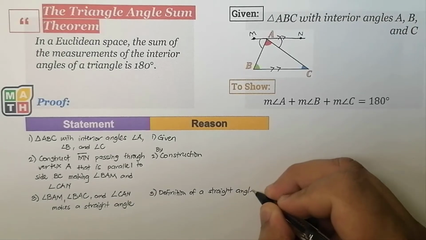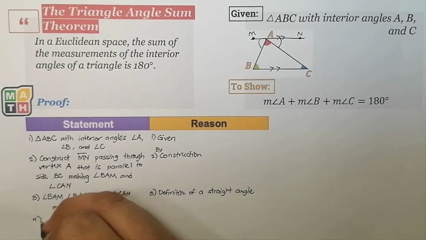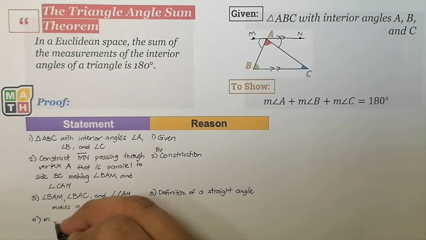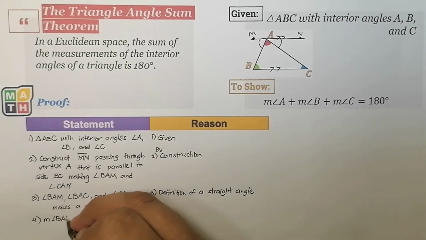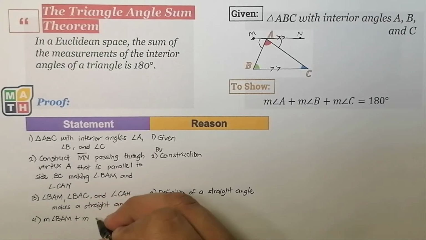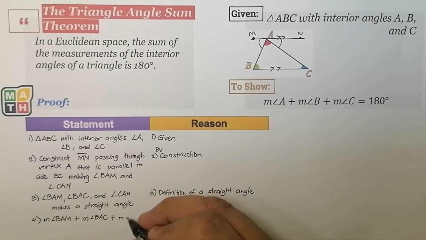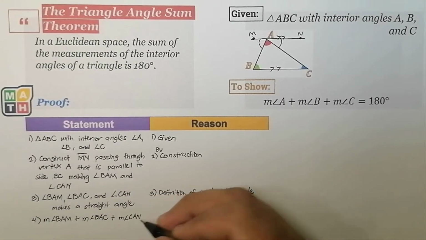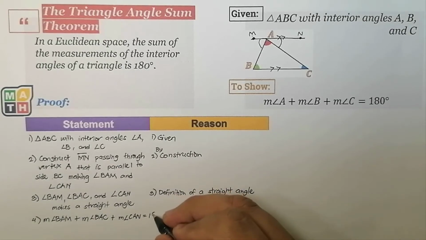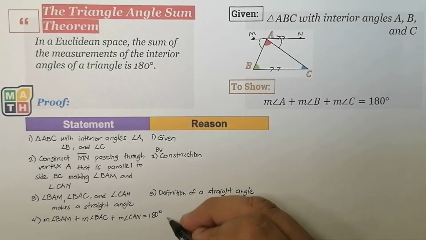In that case, I could make a connection wherein if I'm going to use measurements of angle BAM plus the measurement of angle BAC plus the measurement of angle CAN, it will be equal to 180 degrees.